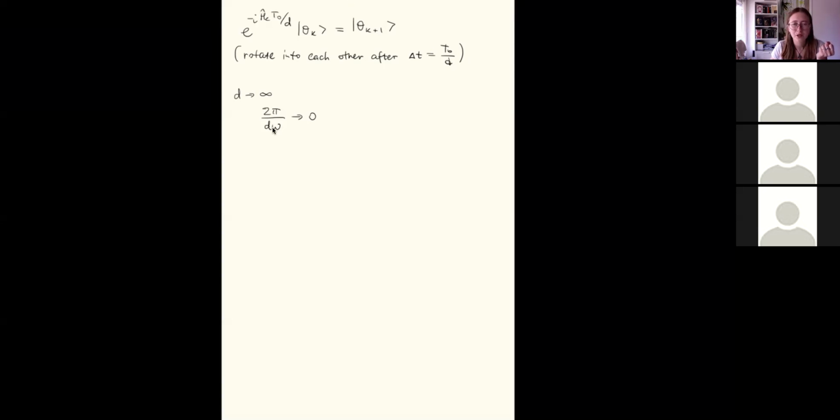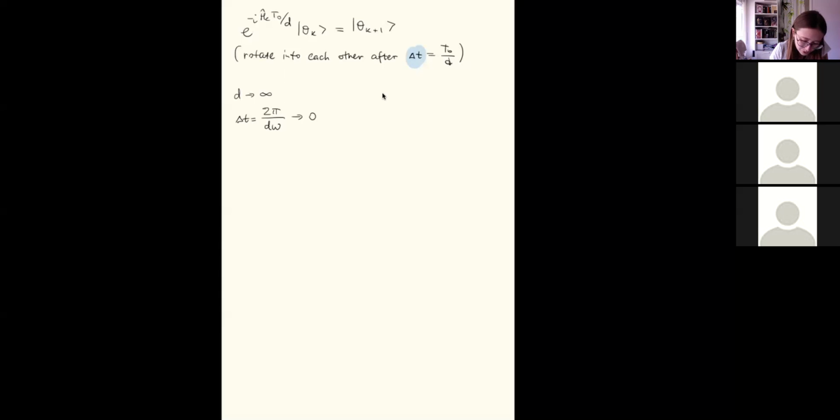And what is exactly 2 pi over d omega? 2 pi over d omega is equal to this delta t, the spacing between two time states. So from the fact that d goes to infinity, we can conclude that we will still have discrete energy levels, because omega does not necessarily go to 0.